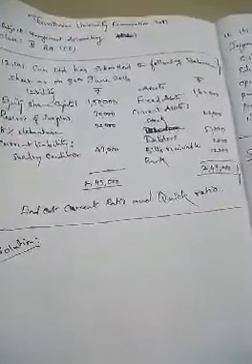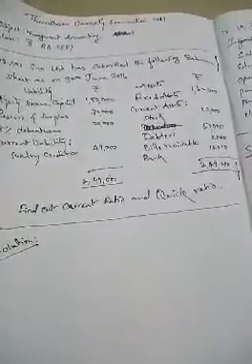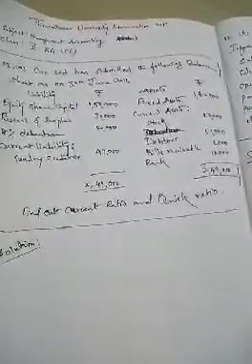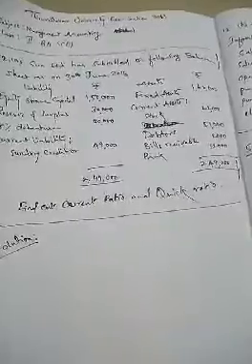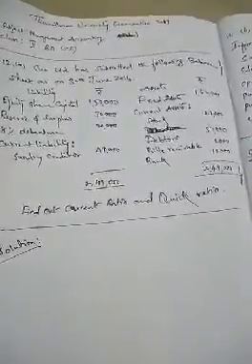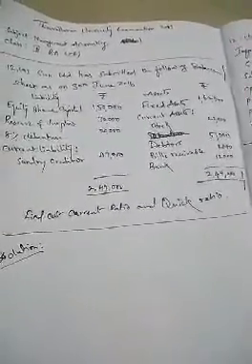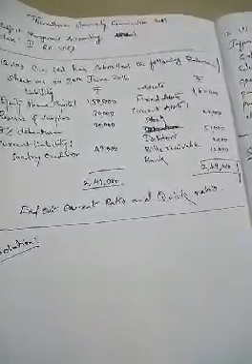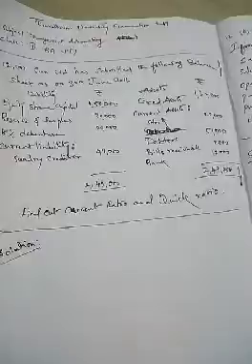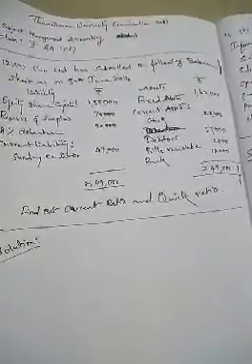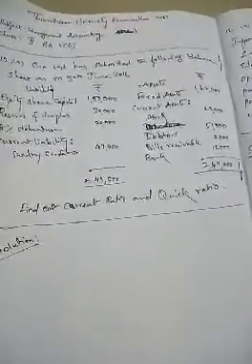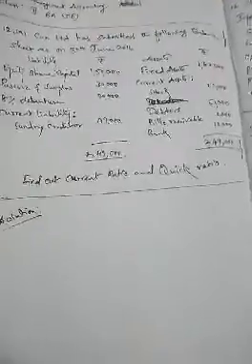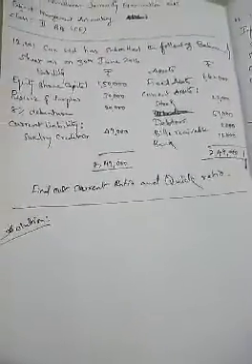Here, what are quick assets? Current assets excluding prepaid expenses and stock are called quick assets, and with that we find the relationship with the current liability, called the quick ratio. So now we go to the solution part.